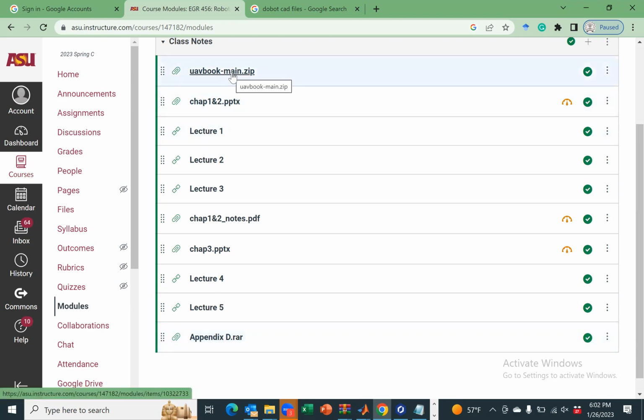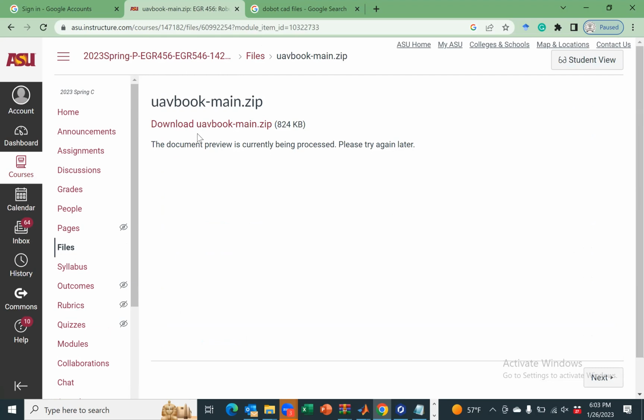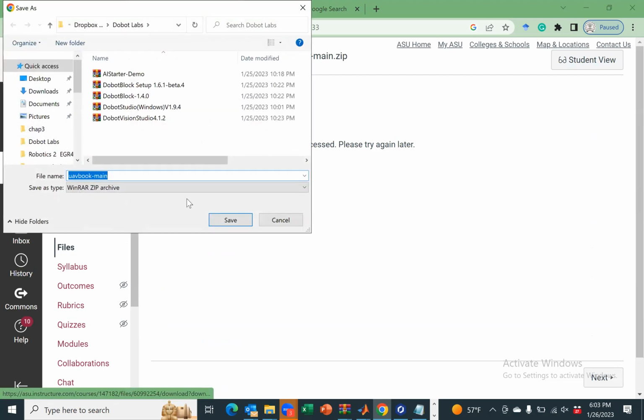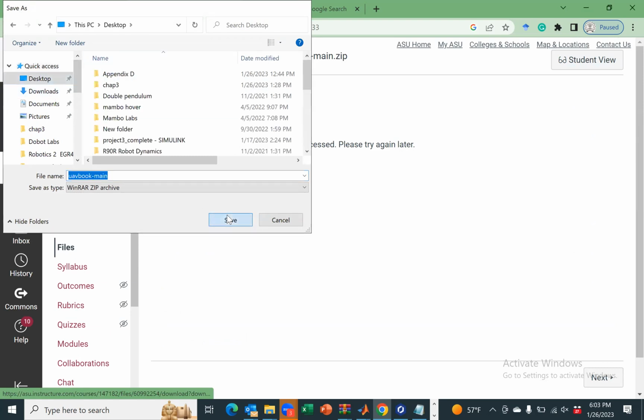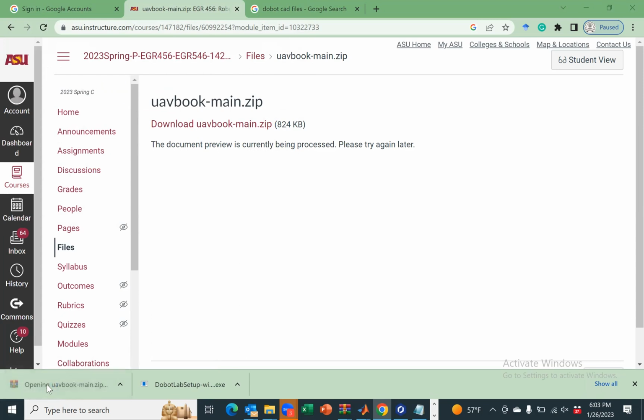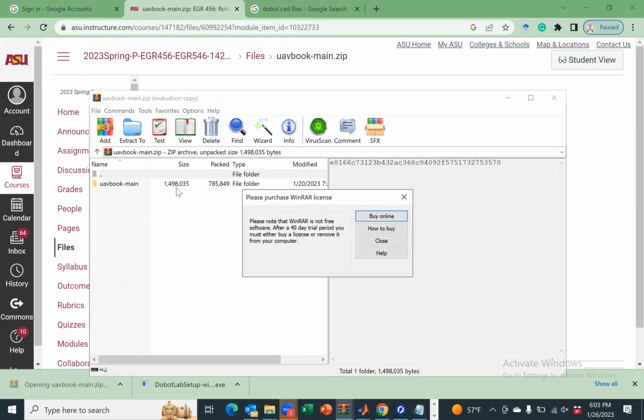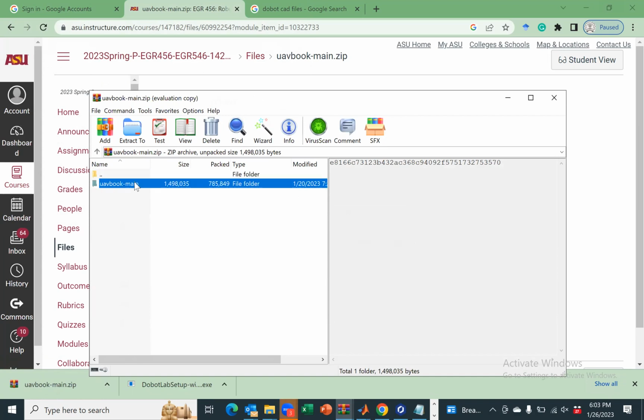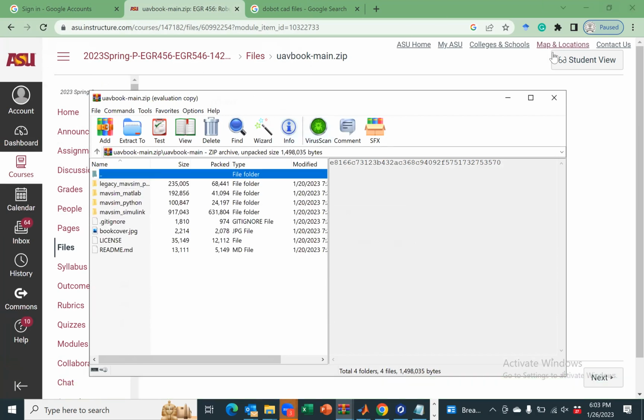Then if you have not done so already, UAV book main.zip are the skeletal files that we use to work on the project. So I want you to download this UAV book main to the desktop, and in there what you will see is these are the skeletal files for the projects.